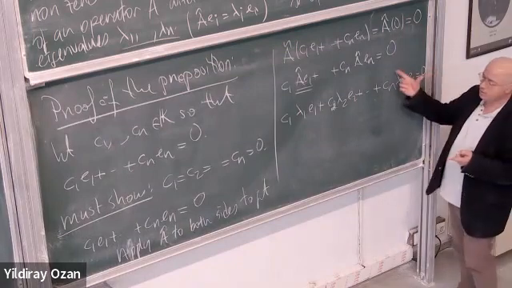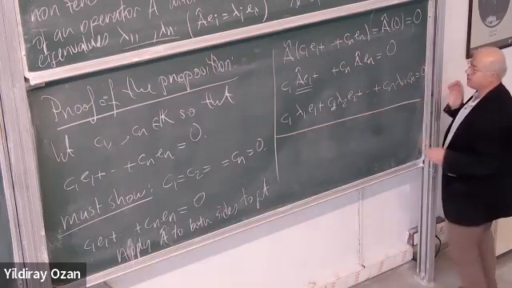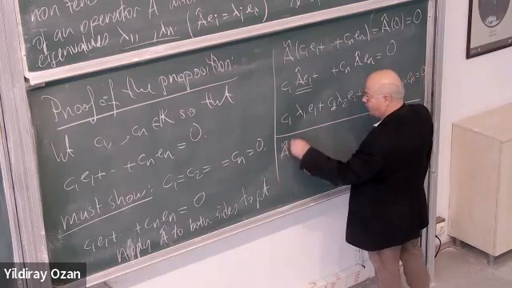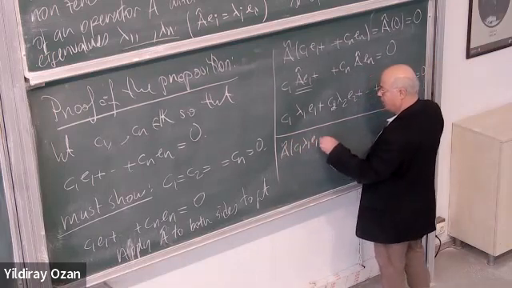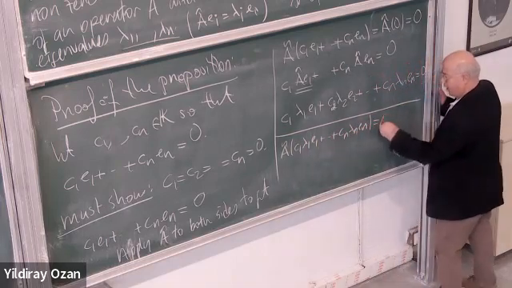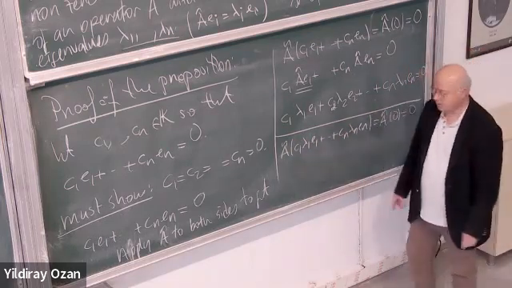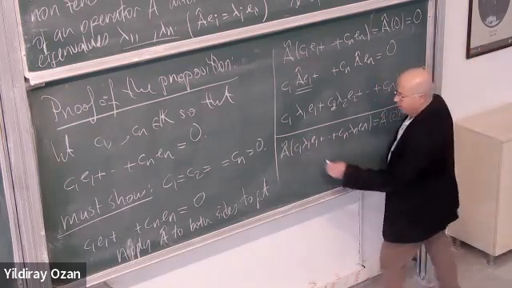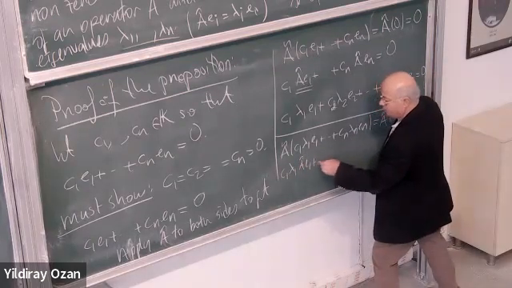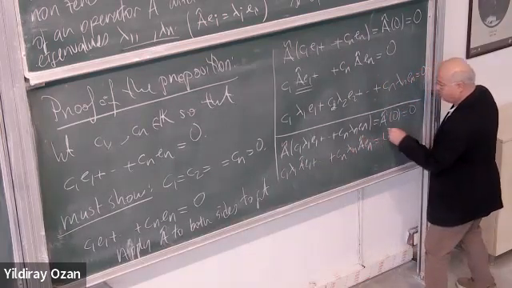I did this once, I can do it again. So let's hit this with A one more time. So A of (c1 lambda 1 e1 + ... + cn lambda n en) equals A of 0, which is just 0. If you hit this with A again, I would have c1 lambda 1 A e1 + ... + cn lambda n A en equals 0.